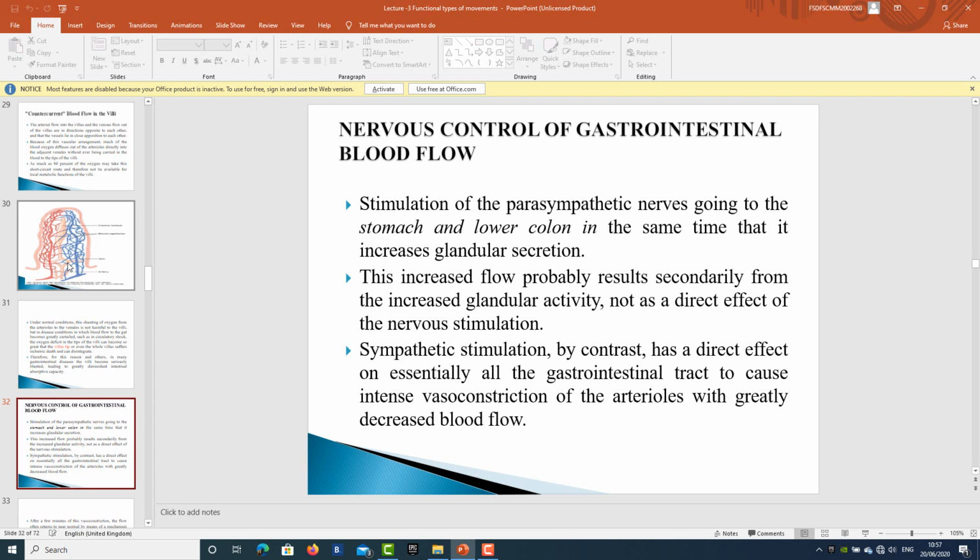Sympathetic stimulation, by contrast, has a direct effect on essentially all of the gastrointestinal tract to cause intense vasoconstriction of the arterioles with greatly decreased blood flow.